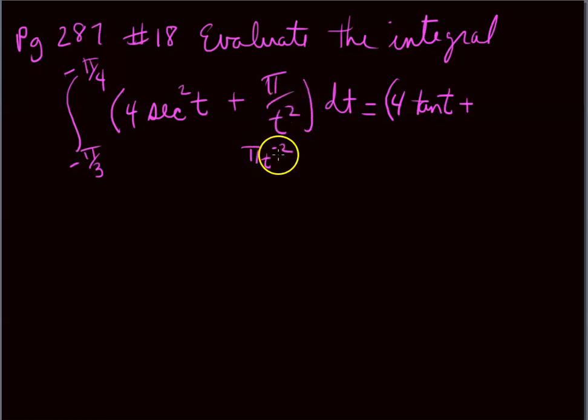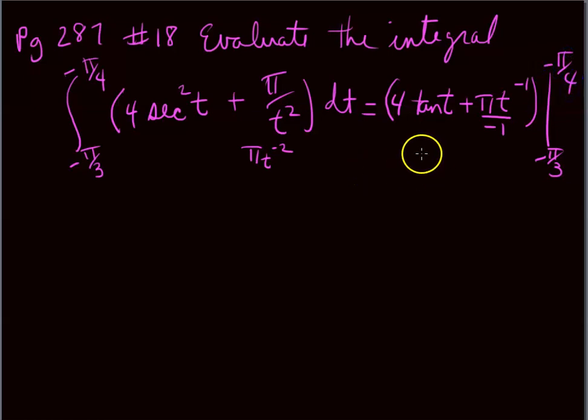So it's just the t you're worried about. So you add 1. So this is pi t to the negative 1. Divide by that new exponent. And we're going to evaluate this from negative pi over 3 to negative pi over 4. Does that make sense? Okay.